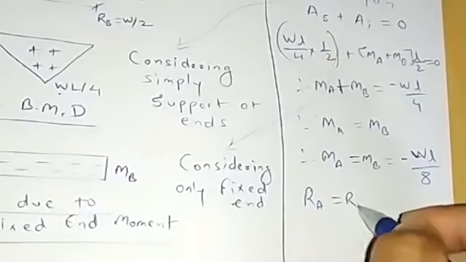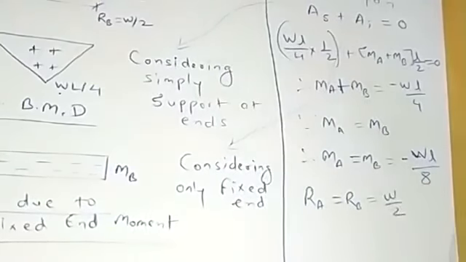RA is equal to RB, and that is equal to W by 2.